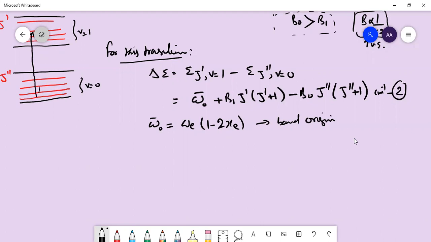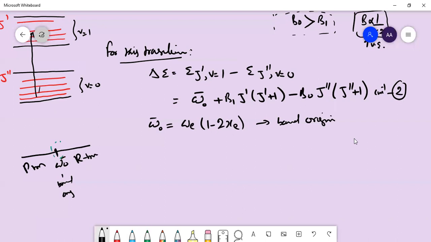And if this is the omega naught bar, that is the band origin point, we have values for P branches on the left side, and we have R branches on the right side. So this omega naught is nothing but the band origin value.